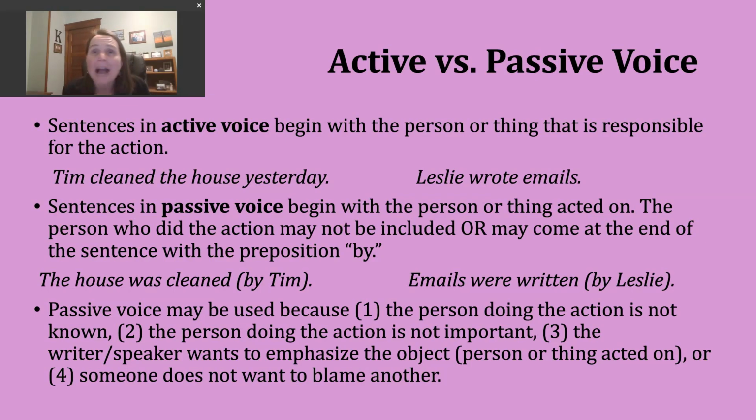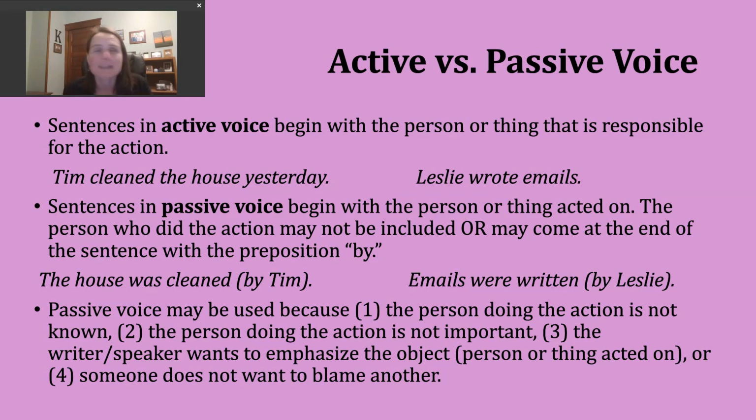Sometimes our writers or our speakers really want the readers or the listeners to pay attention to that object, the person or thing receiving the action. So by starting the sentence with that object, it might allow someone to notice it a bit more.